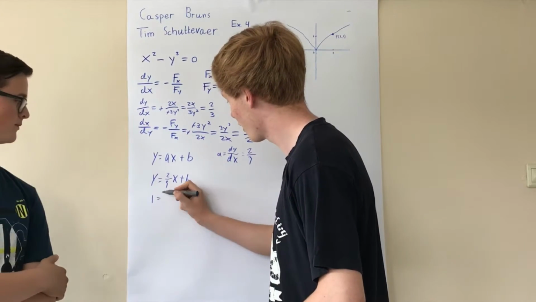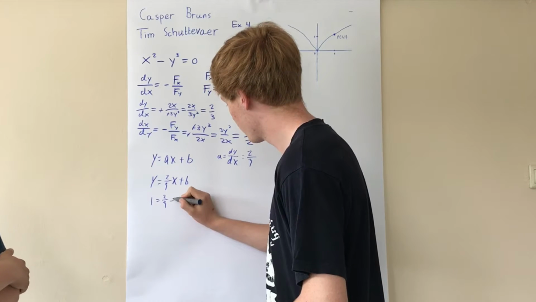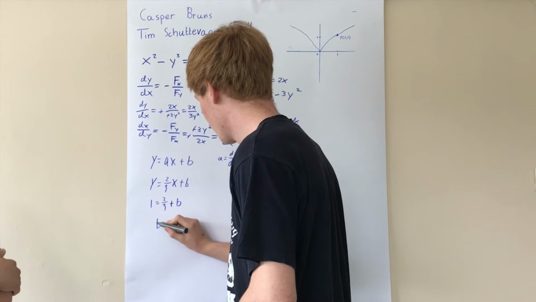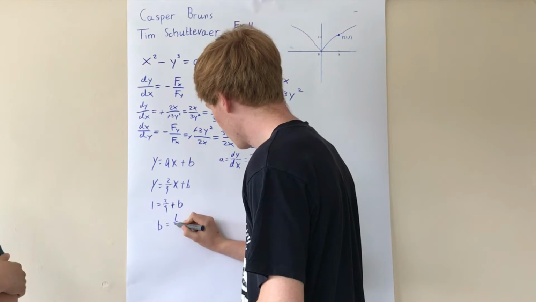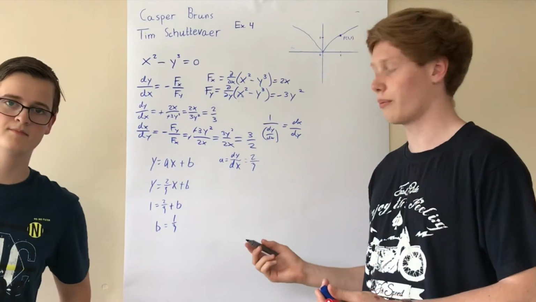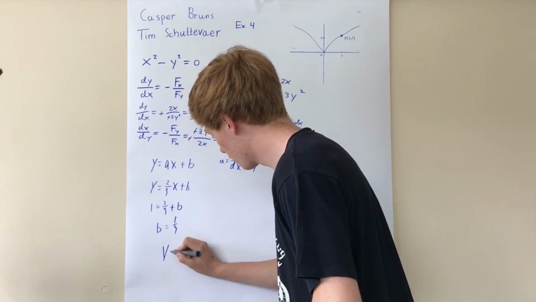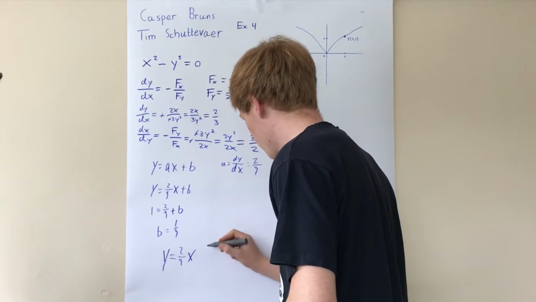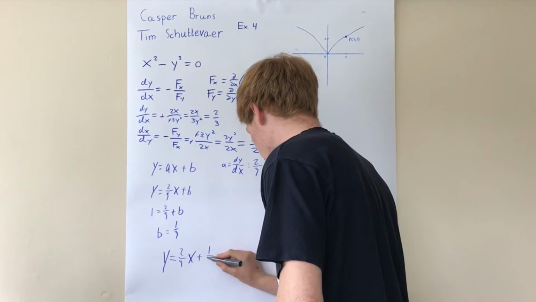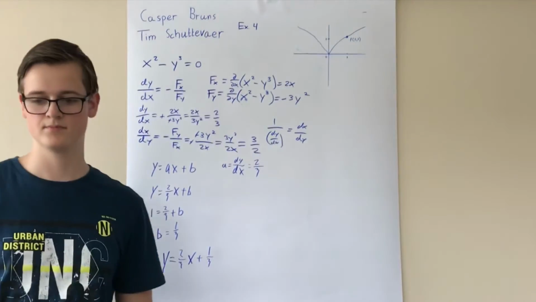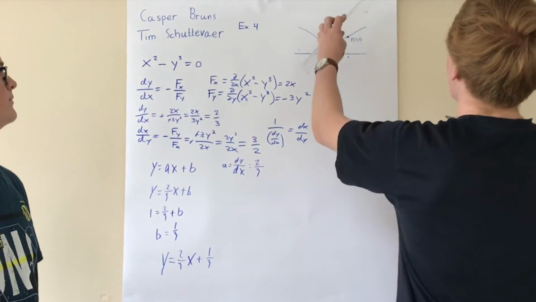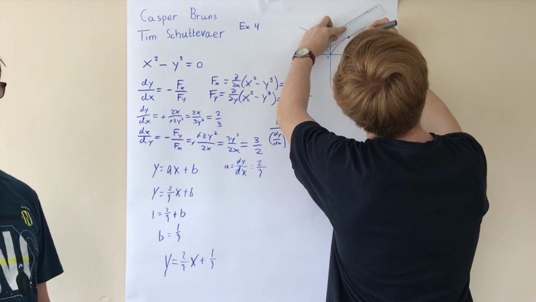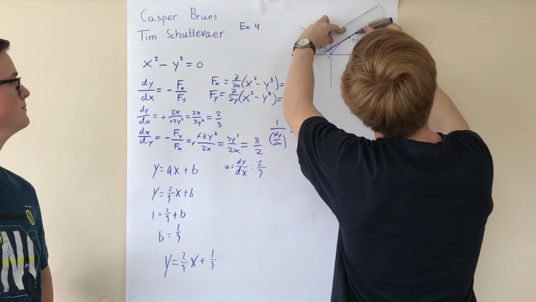This results in b equals 1/3, so eventually our formula is y equals 2/3 x plus 1/3.